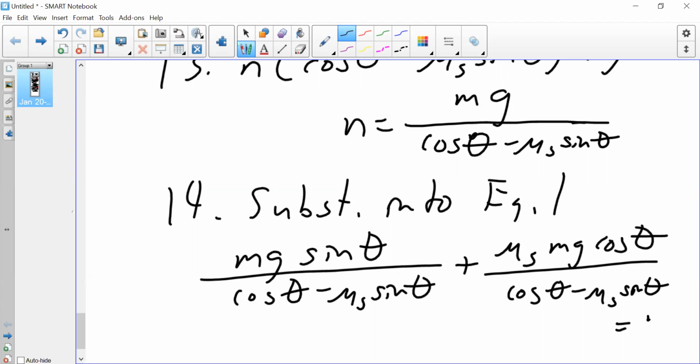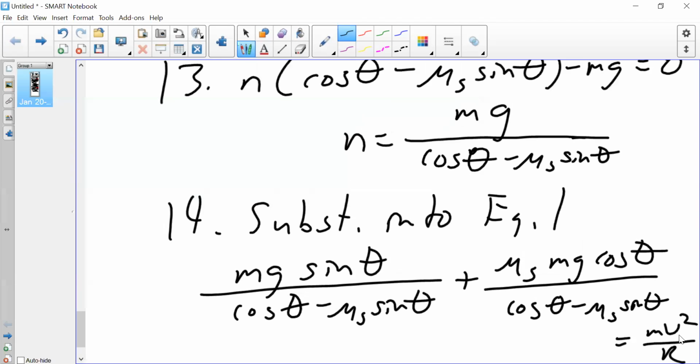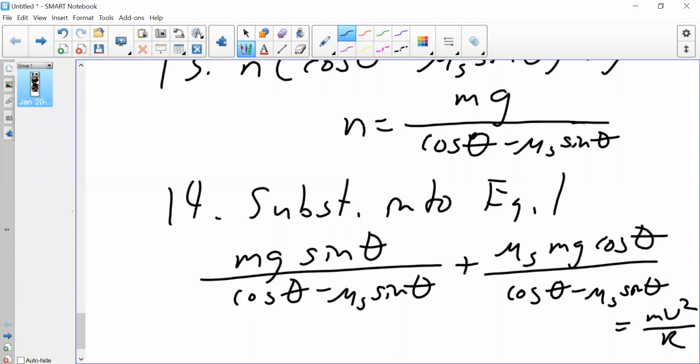That's equal to the net force. You guys see that? Any questions on that? Make sure you see that. Again, like in the previous case, I made an expression for normal force, and I substituted that back into the original equation.